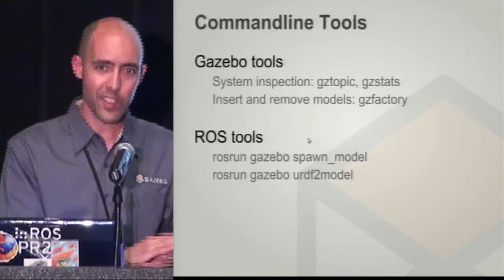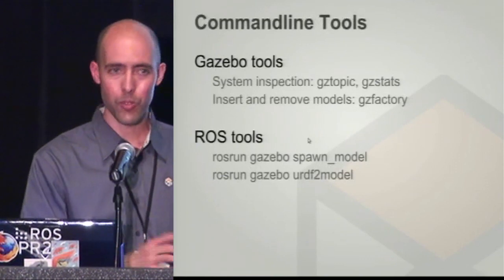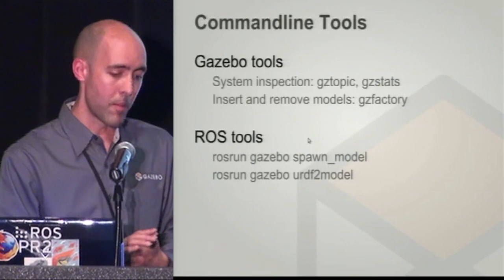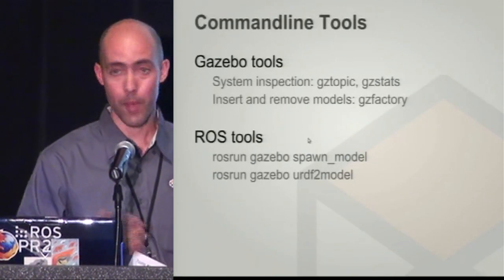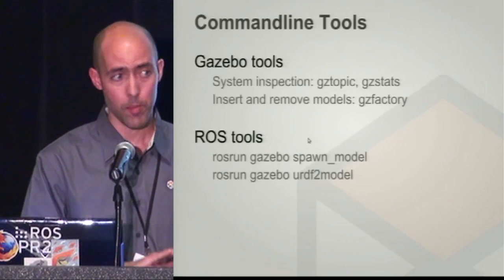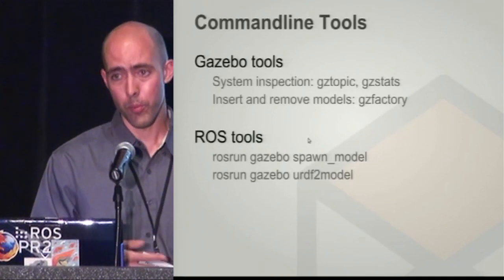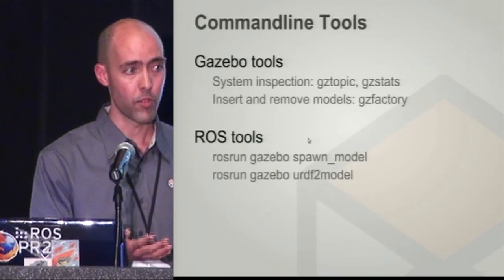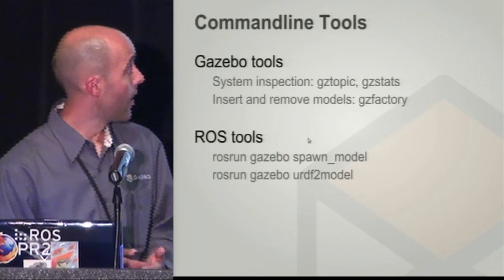So unrelated to topics and plugins, we had to throw in a slide about the various command line tools that we have available. So similar to ROS topic, there's a GZ topic to see exactly what topics are being published, and the information about them. If you want to see the current status of the simulator without bringing up the GUI, you can run GZ stats, and that gives you all the information about performance, whether it's paused, running, that type of thing.